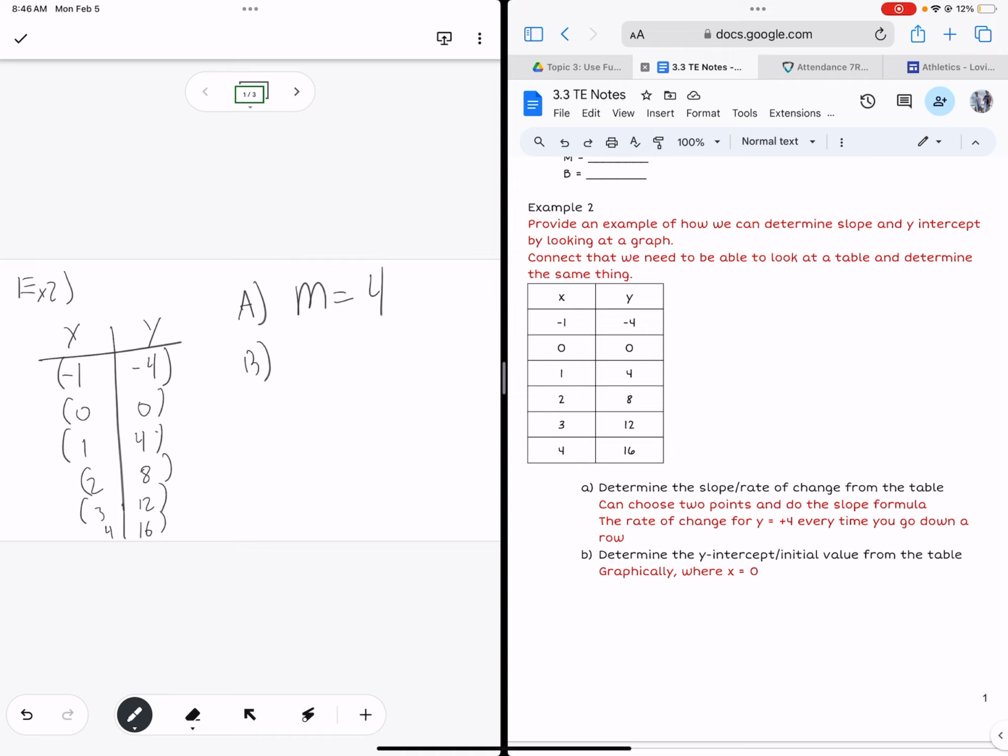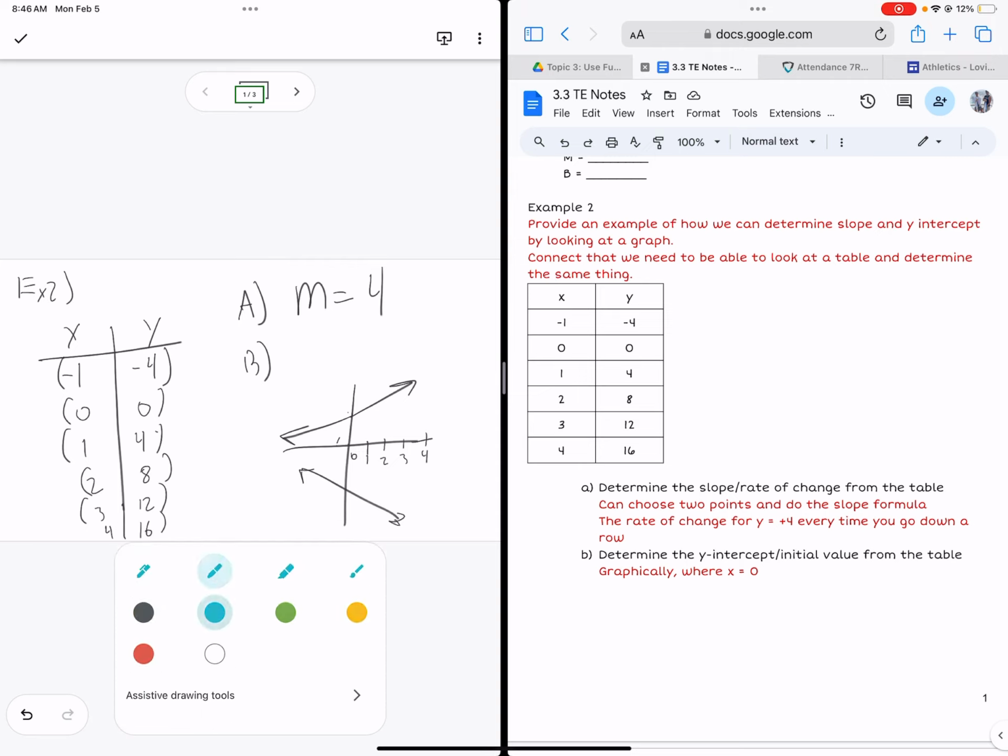All right, so if I look at a graph, any graph that I want, the y-intercept is always at x equals 0. So I have to find where does x equal 0, and wherever it equals 0, the corresponding y value is my y-intercept.